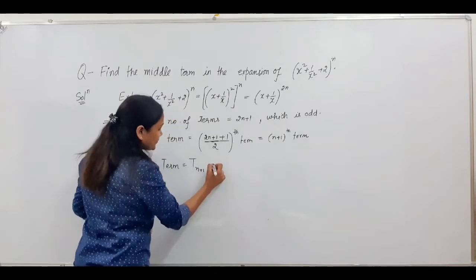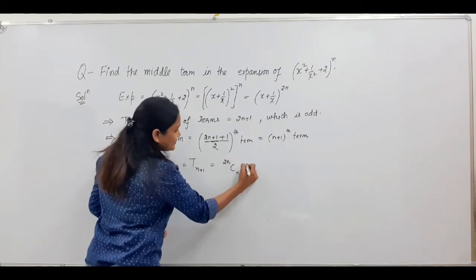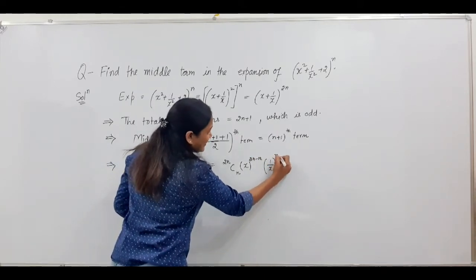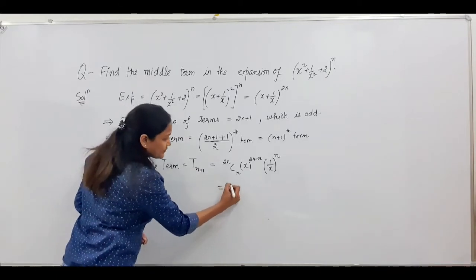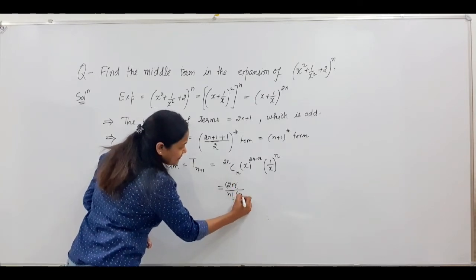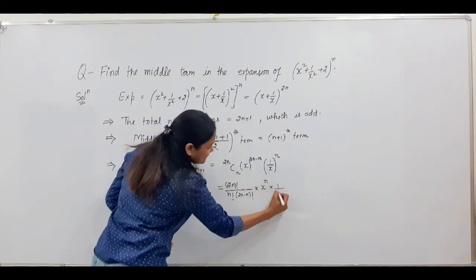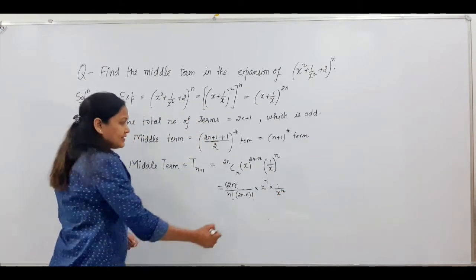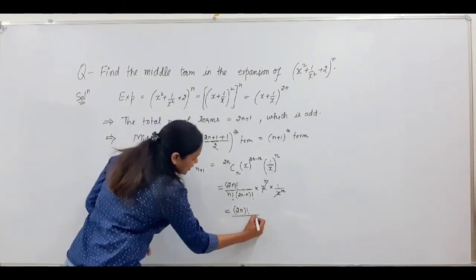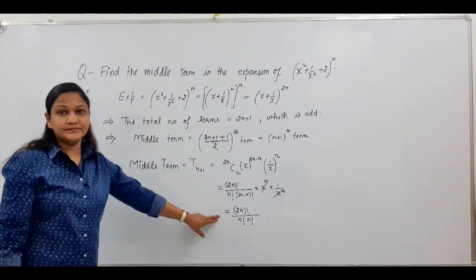In this expansion, t n plus 1 is 2n c n x raised to power 2n minus n and 1 by x raised to power n, which is equal to 2n factorial upon n factorial into (2n minus n) factorial, then x raised to power n multiplied by 1 upon x raised to power n, and this will cancel out, and your term will be equal to 2n factorial upon n factorial into n factorial. So this is the middle term.